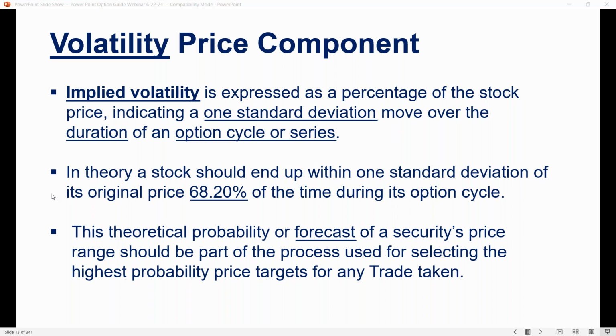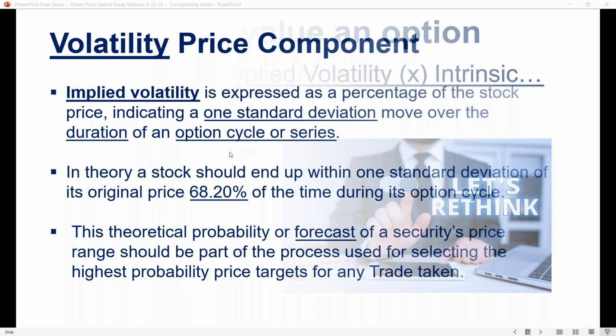Now, this theoretical probability or forecast of the security's price range should be part of the process that you're using for selecting the highest probability price targets for your trade. So this is a really important thing to understand, volatility, and then how to understand the standard deviation for setting your price targets and have an idea of what's a realistic target for price to go to.